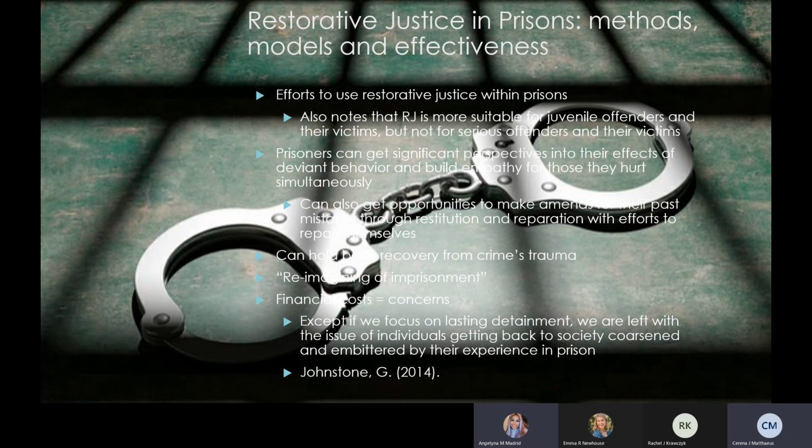And the biggest potential restorative justice has is the reimagining of imprisonment. And the only big concern really is the financial costs. Unless we focus on lasting detainment, we are left with the issue of individuals getting back into society coarsened and embittered by their experience in prison.